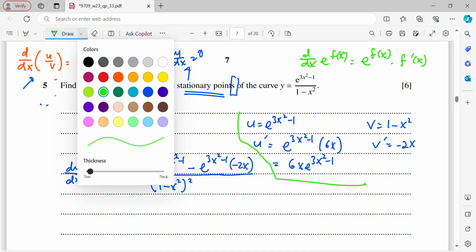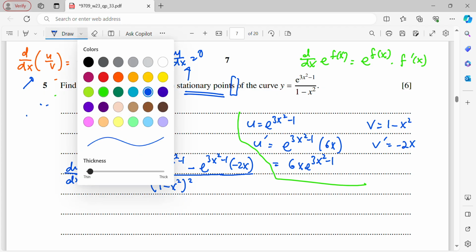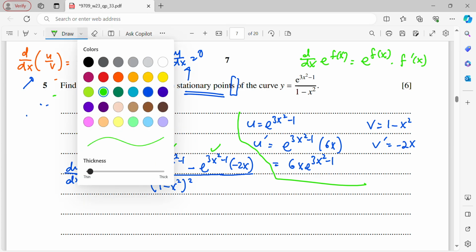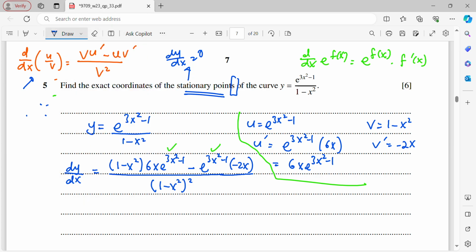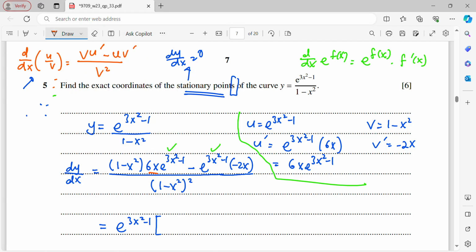Okay, then now I need to simplify. So from here, I notice that the common term is the exponential. So I will factorize the exponential function. Then for the first term, you still have 6x times into the bracket.